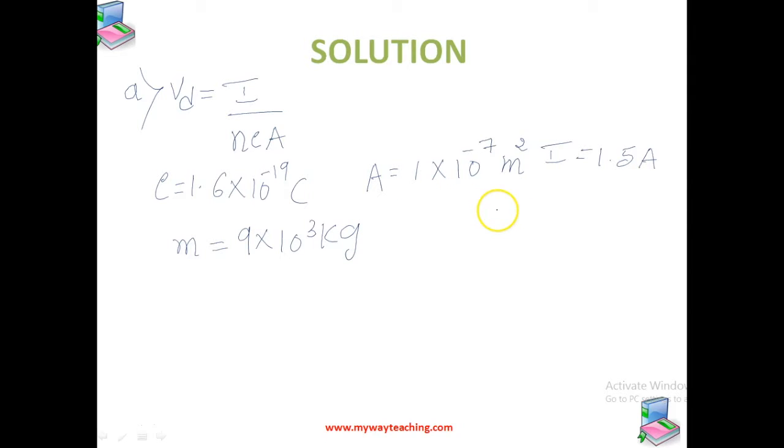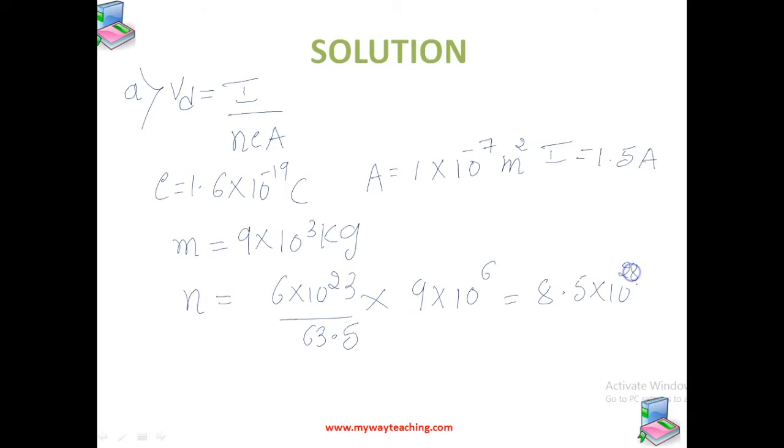Since 6 x 10^23 copper atoms have a mass of 63.5 g, the number of atoms per cubic meter is 8.5 x 10^28 m^-3.